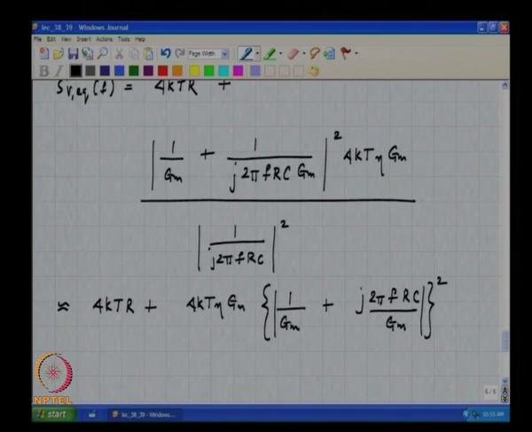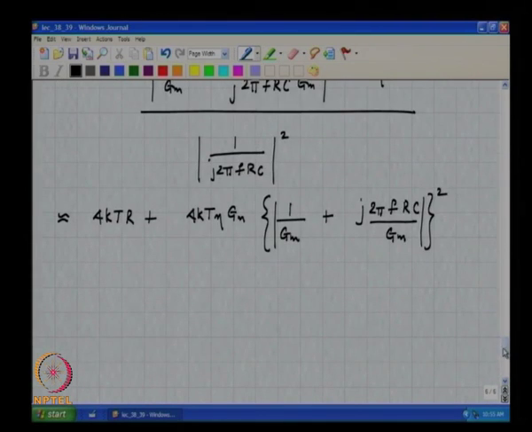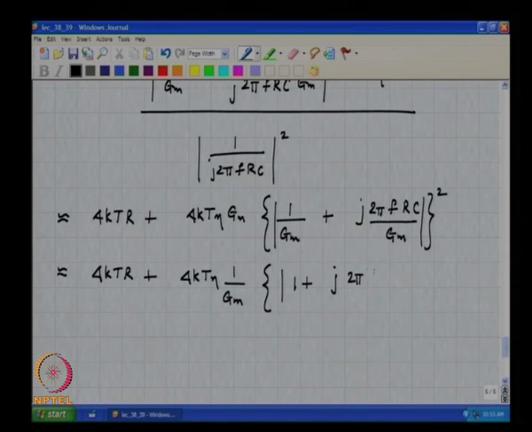All right. Now, our signal exists only at, or rather before I get to that, let me just simplify this by pulling out the 1 by GM common factor, and therefore, this becomes 1 plus J 2 pi FRC the whole square.